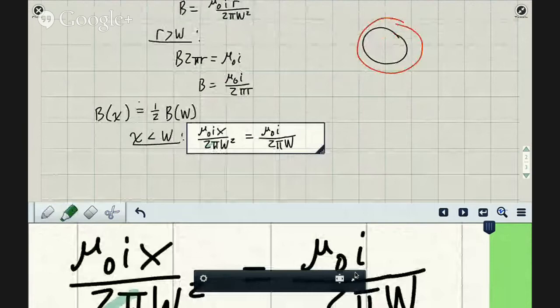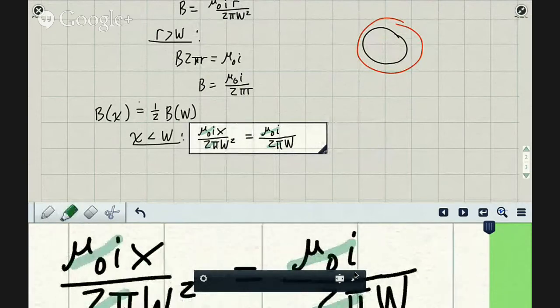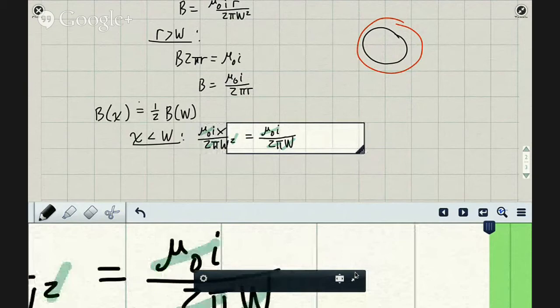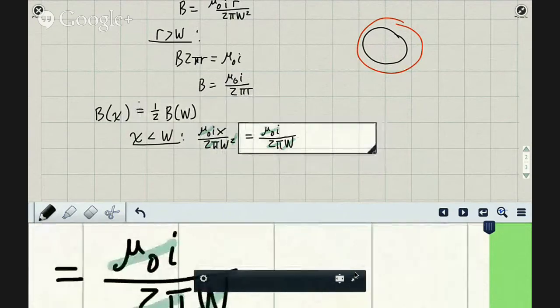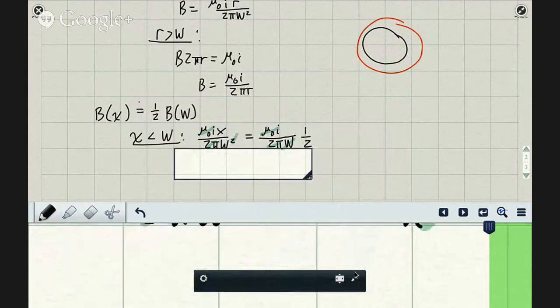We cancel the 2 pi's, cancel the mu naught I's. x over w, so we get a factor of w canceling. Oh, I forgot the 1/2 here, the whole factor of 1/2 out in front. And so here we have x equal to 1/2 w.